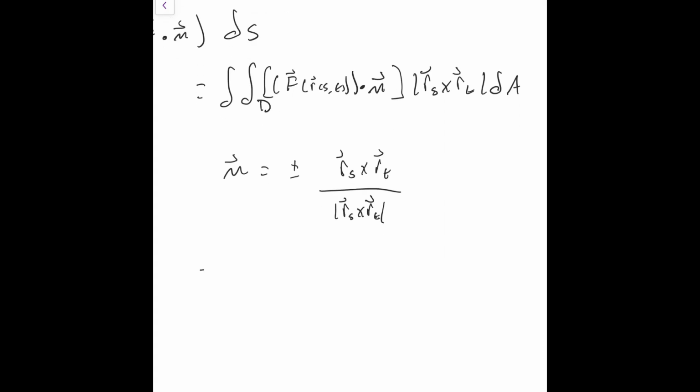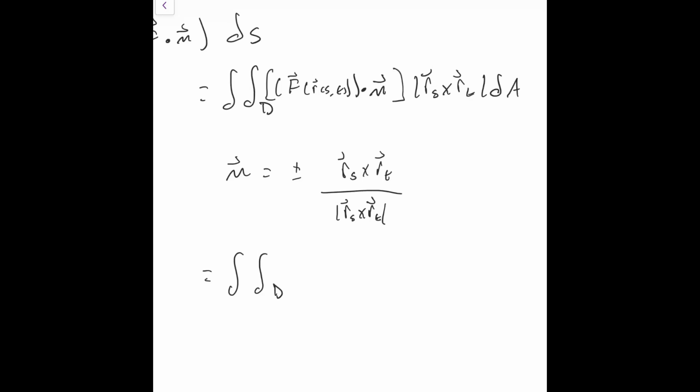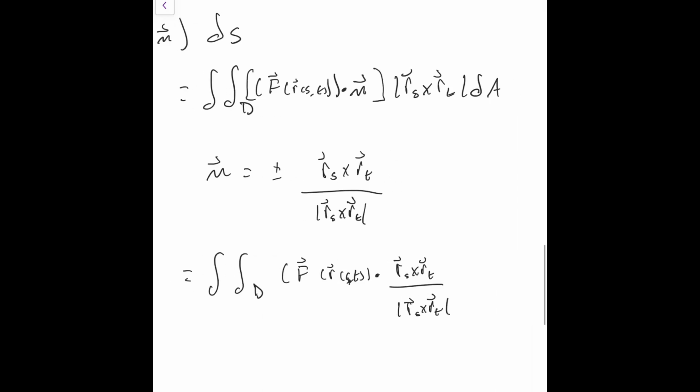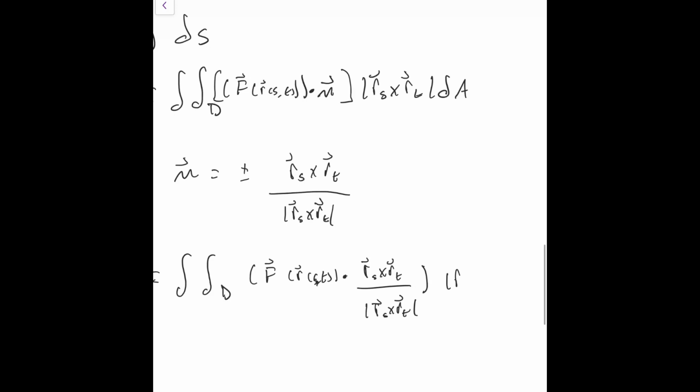It's something that we have to check when we actually do these problems in practice. Okay, so what this means is that this is equal to the integral over D of the following. This is going to be f of r of st, dotted with rs cross rt divided by the magnitude of rs cross rt, times the magnitude of rs cross rt dA.